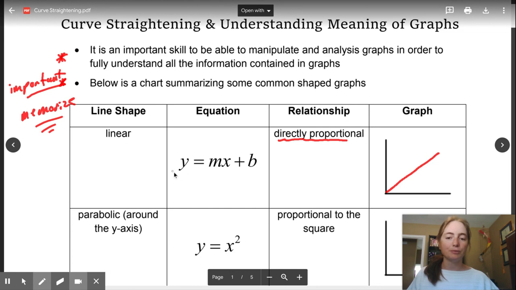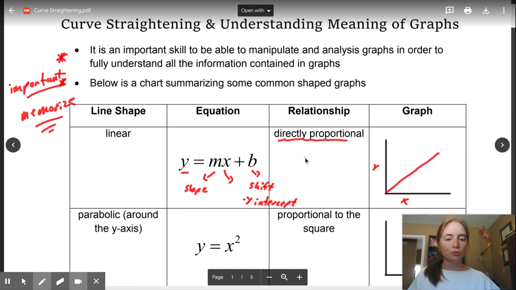In y equals mx plus b, y is whatever variable you have here, and m is your slope. x is the variable that you have here, and b is essentially your shift, your y intercept.